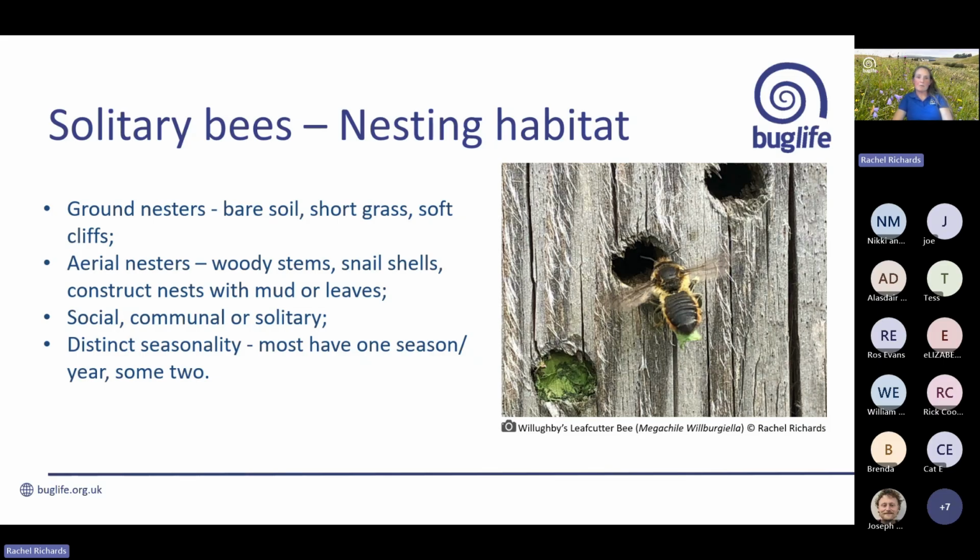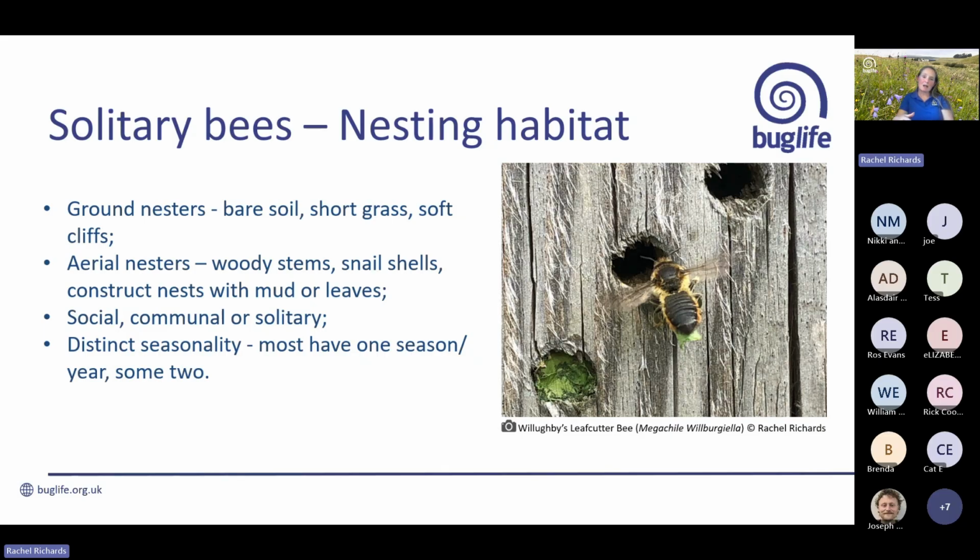Others are actually what's called eusocial. So they have a worker class, a bit like bumblebees, but the worker looks almost identical to the reproductive female. You can't actually tell them apart, but those workers are doing a job like perhaps sitting at the entrance of the hole and making sure no parasites come in, guarding and helping with that.